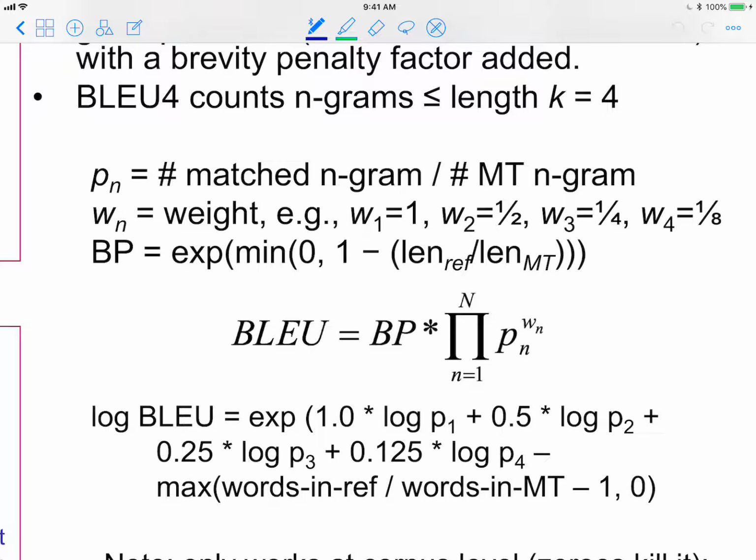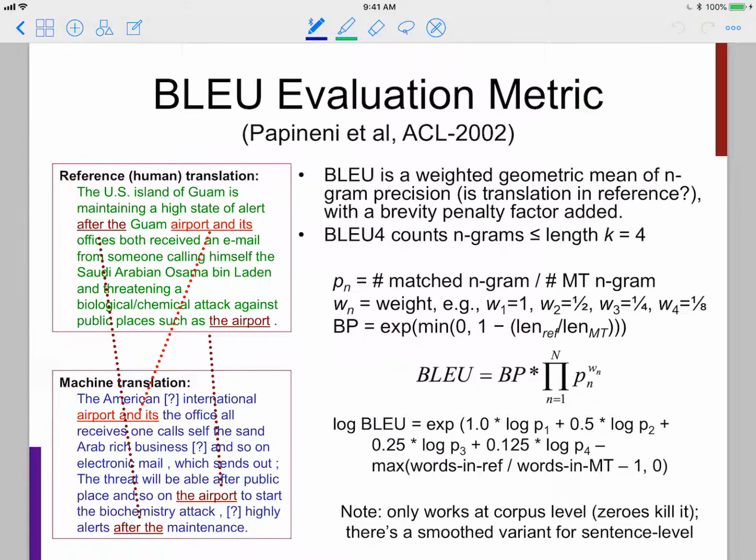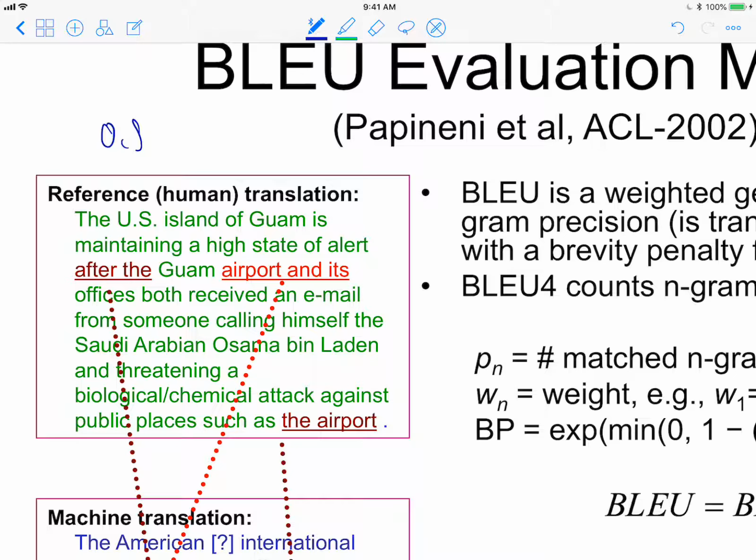Okay, and then the precision is like an accuracy measure ranging from 0 to 1, right? So suppose the unigram precision was 0.8 and the bigram precision was 0.7 and 0.6 and maybe 0.75. So this is unigram, bi, tri, and 4-gram.